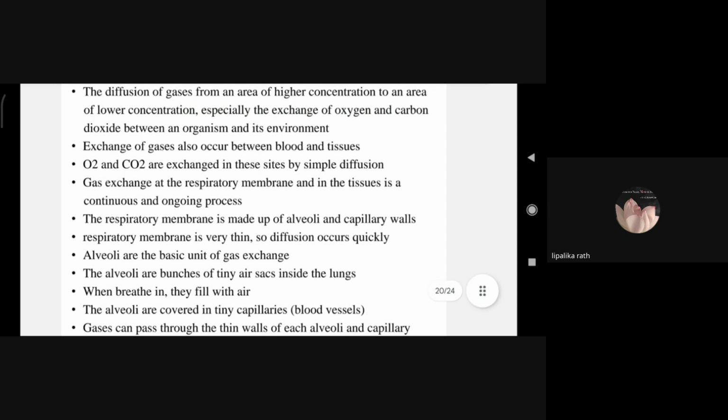For example, if we are performing neti and we have not used the proper amount of salt, it is less in that solution, then what will happen? Our nasal cavity will absorb that water and it will swell up.